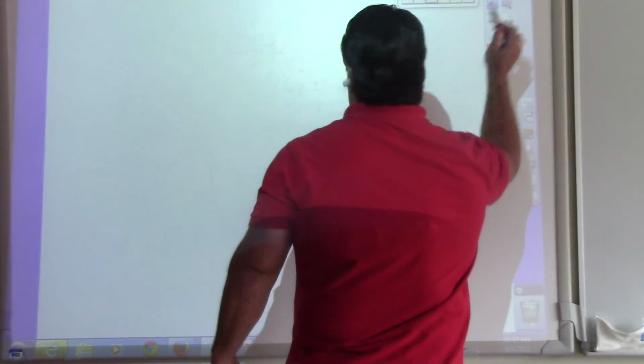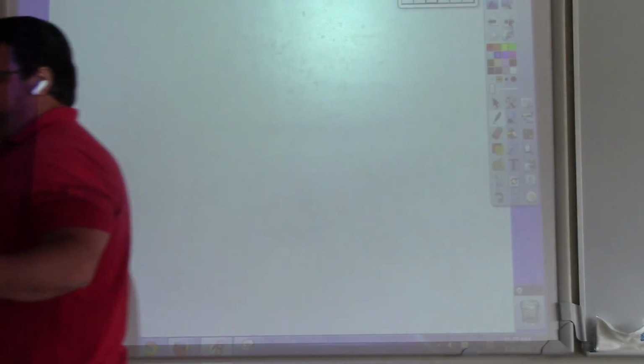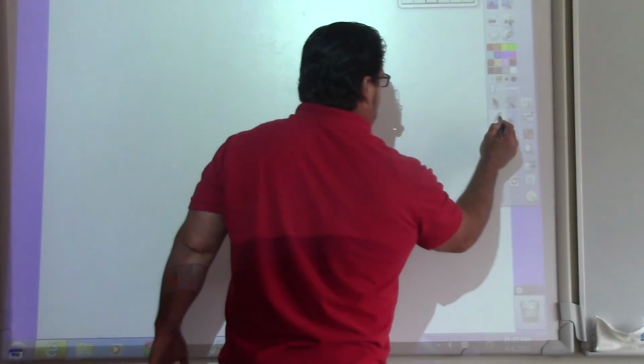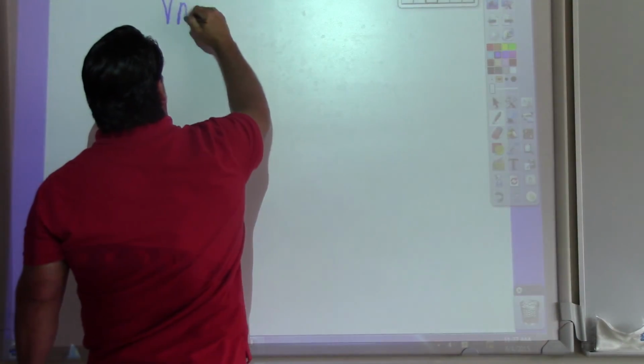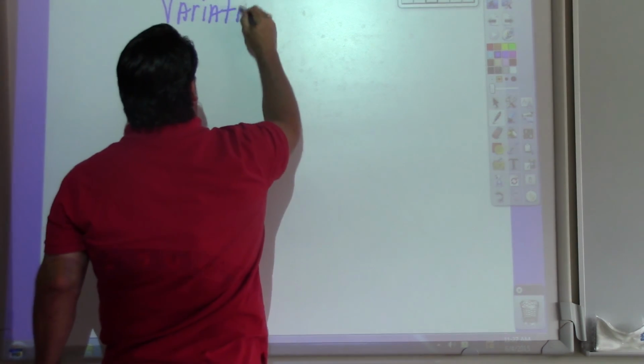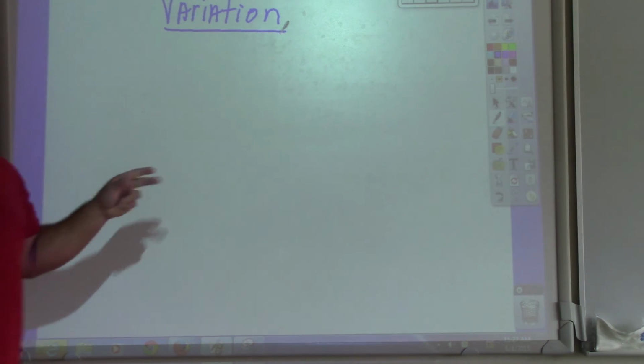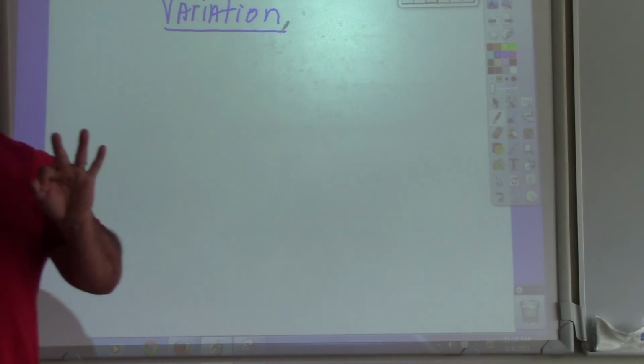Now, let's talk about the last part of whatever chapter and section you're on. 7.5, variation. This is just an extension of formulas. There's 3 types of variation.